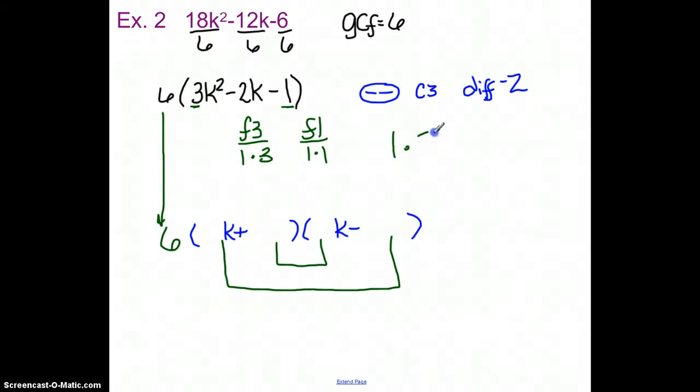So if I'm trying to put these together, that's going to give me 3. And this is going to give me 1. So 3 and 1 are going to give me a difference of 2. If I want that difference to be negative, then this number has to be negative, and this one has to be positive. Because negative 3 plus 1 would give me negative 2.